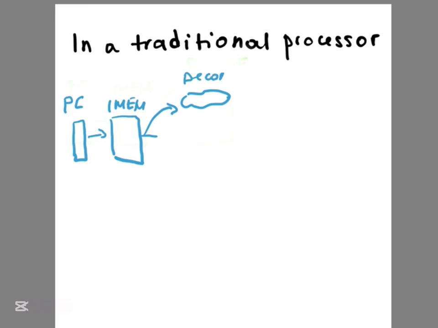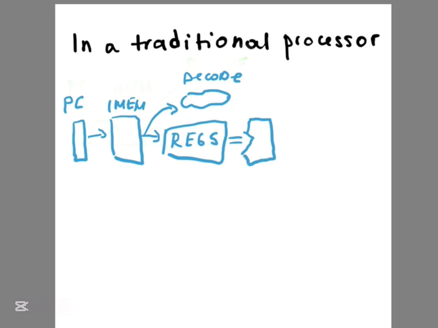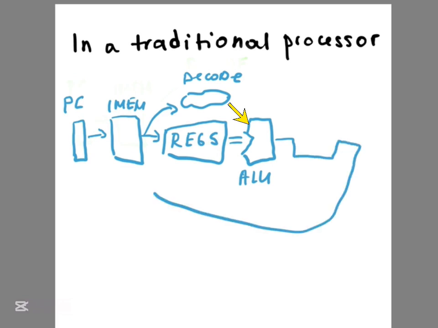Meanwhile, we could be looking at our registers. Once we have read them, we are going to feed them to the ALU. We're going to do the add or subtract or the XOR, and the decoding logic will tell the ALU what to do. Once we get the result from the ALU, we could be done and write the result to the registers.